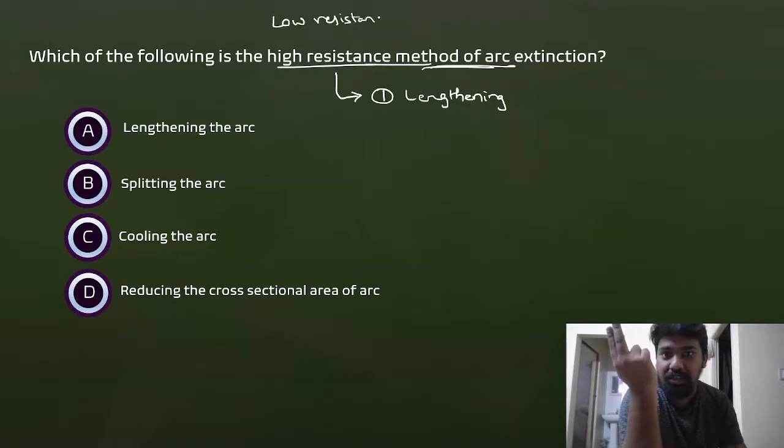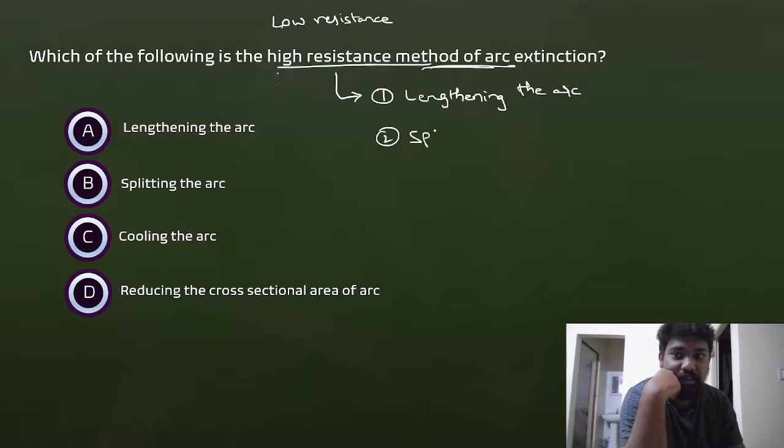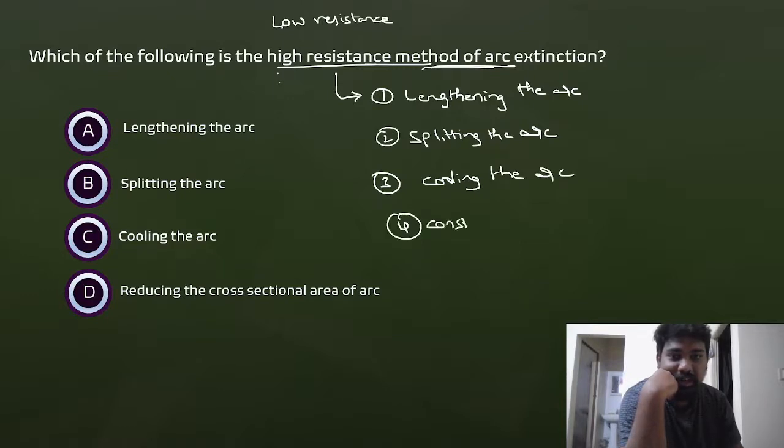In the high resistance method, we have 5 sub methods: lengthening the arc, splitting the arc, cooling the arc, constraining the arc, and the last one is reducing the cross-sectional area of the arc.